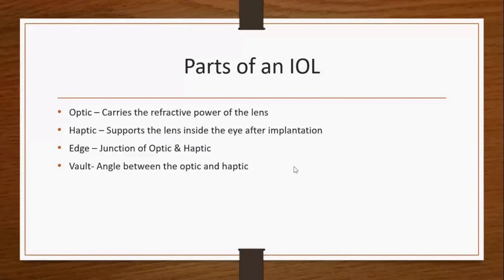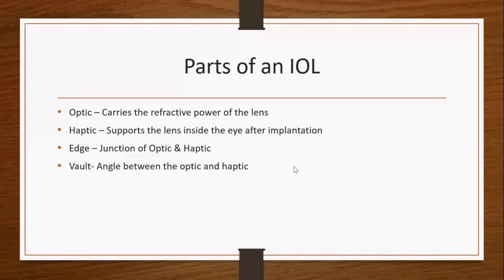The few terminologies which you want to look at on the IOL start with the edge design. Edge design of the IOL is very important, and it mostly depends on two categories. One is the sharp edge and another one is the square edge. These two edges make the lens adhere inside the posterior capsular bag.